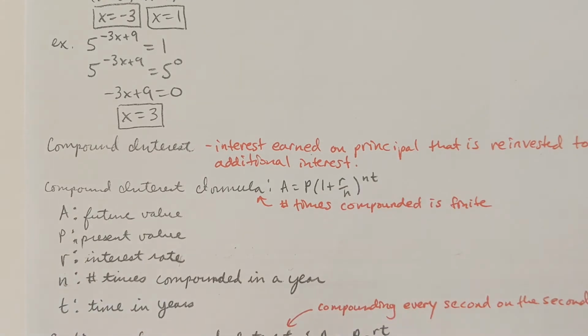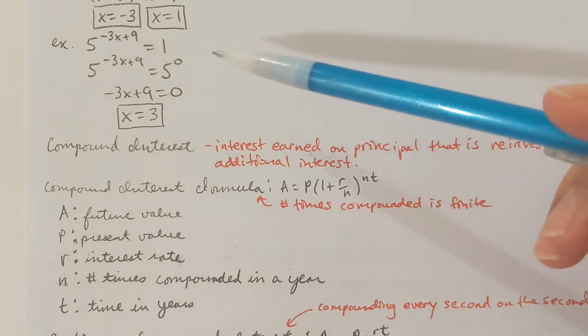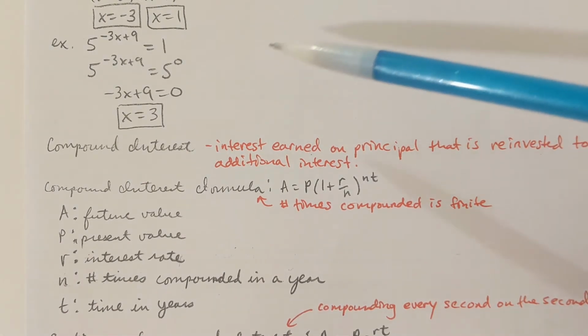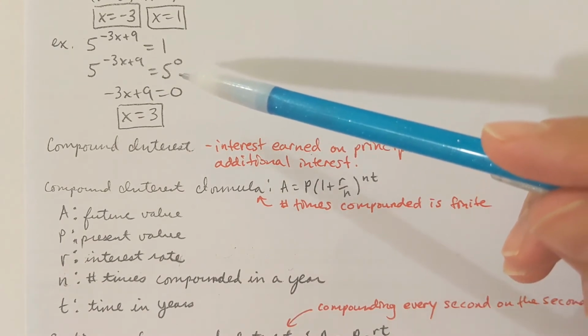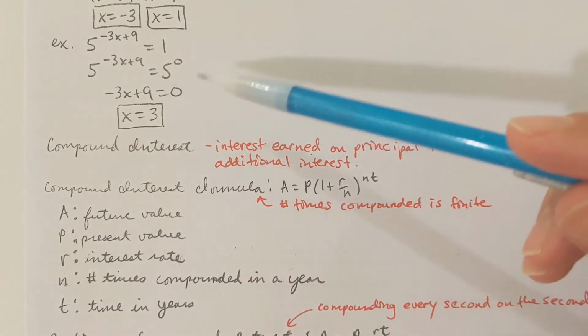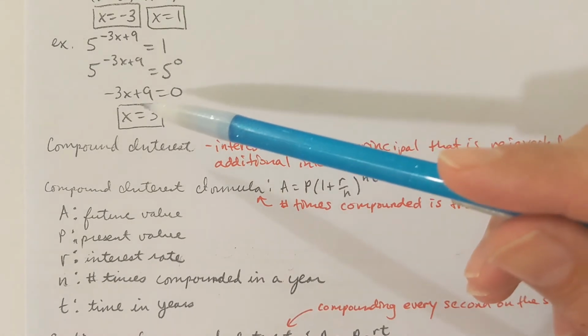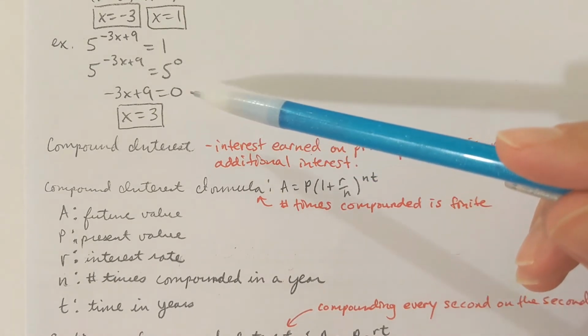Another one, 5 to the power negative 3x plus 9 equals 1. 1 is the same as 5 to the 0 power. Anything to the 0 power is always 1. So I've got the same base there, and the exponents would be equal. Negative 3x plus 9 equals 0.